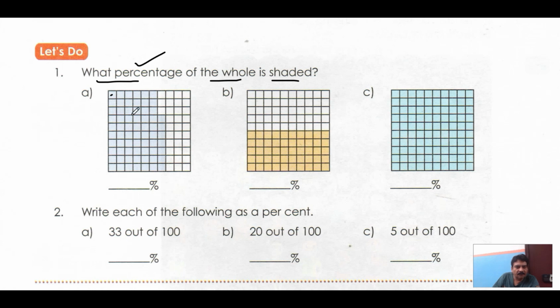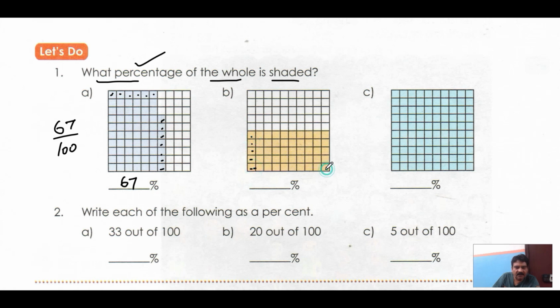Out of 100, see, this is 10, 20, 30, 40, 50, 60, 61, 62, 63, 64, 65, 66, 67. So 67 out of 100 are colored. So the shaded percent of this figure is 67%.